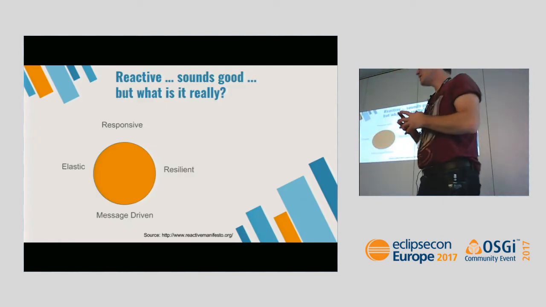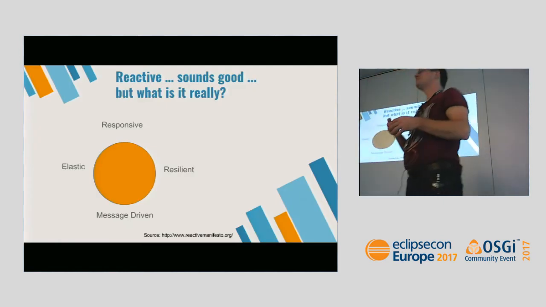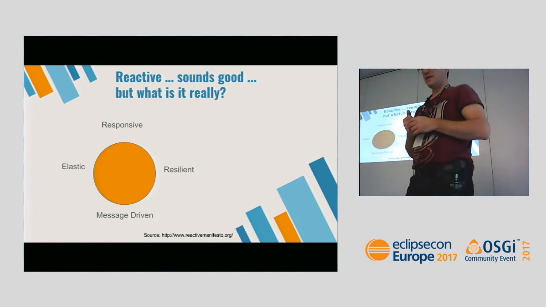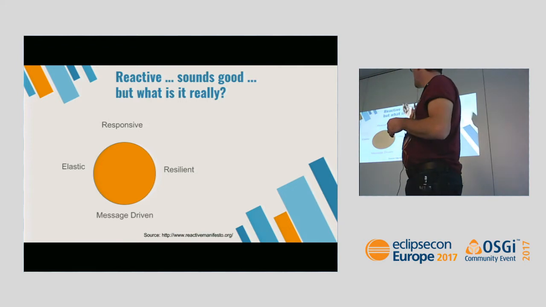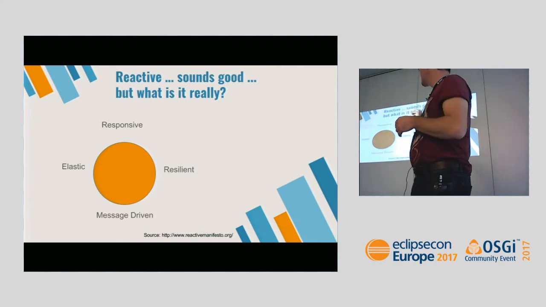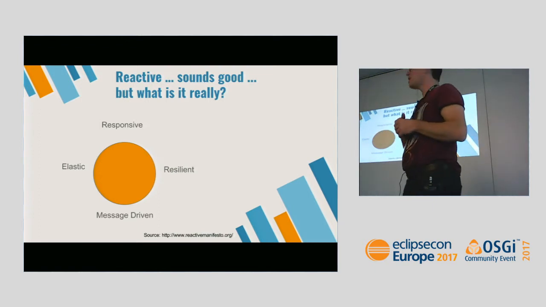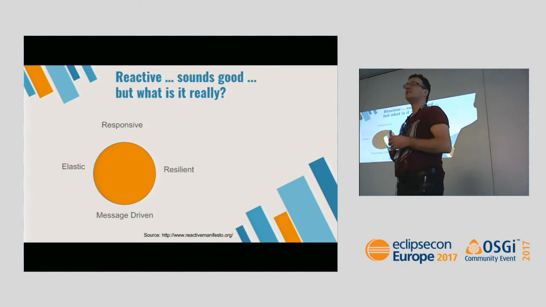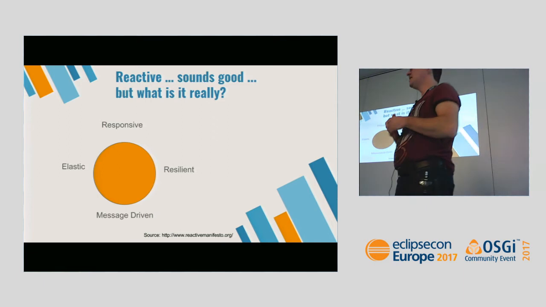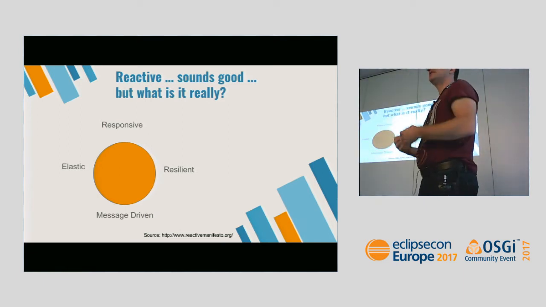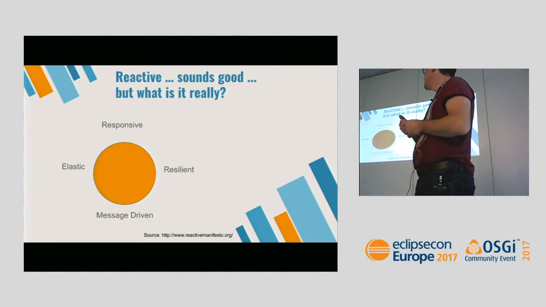So let's look into reactive from the way the reactive manifesto defines it as responsive, elastic, resilient, and message-driven. So basically, the responsive part is where you get your value from. Responsive means that if at all possible, the application should respond in a short time in a reliable way.